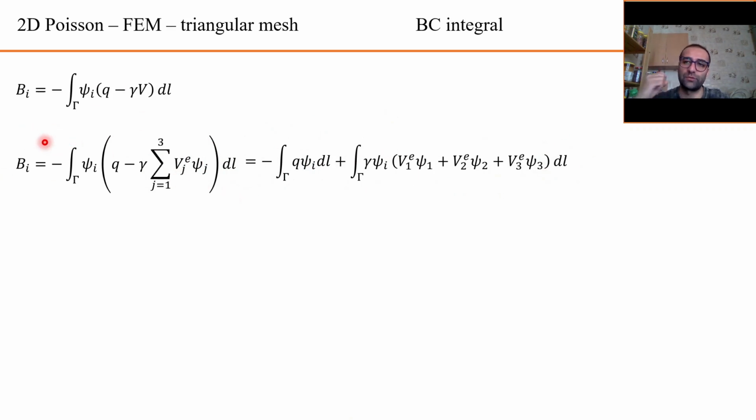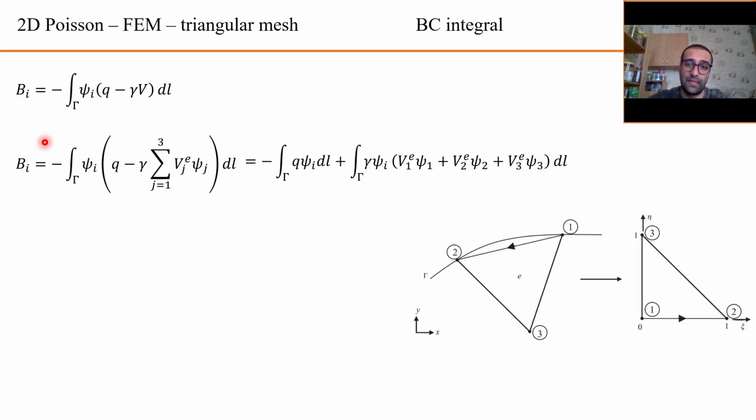Now I can calculate B1, B2, B3 associated to node number 1, number 2, and number 3. Imagine that we have such an element and the numbering is as follows, and this numbering is counterclockwise. I should mention here that you must number the nodes in a counterclockwise direction to avoid any negative number in the calculation of the Jacobian.